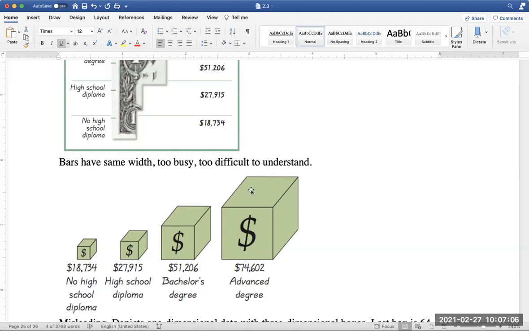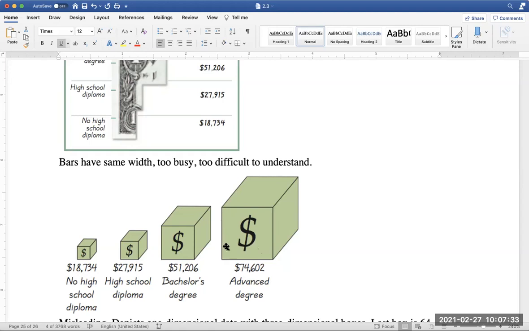Now, unfortunately, if you look at these, this looks gigantic compared to this. If you look at this volume, you can put probably 64 of these inside of this box.